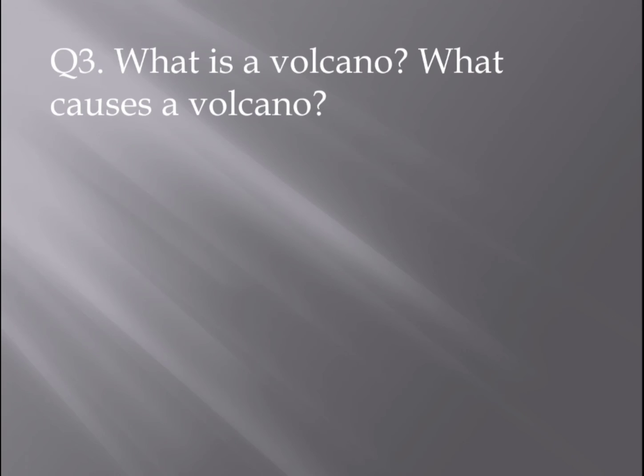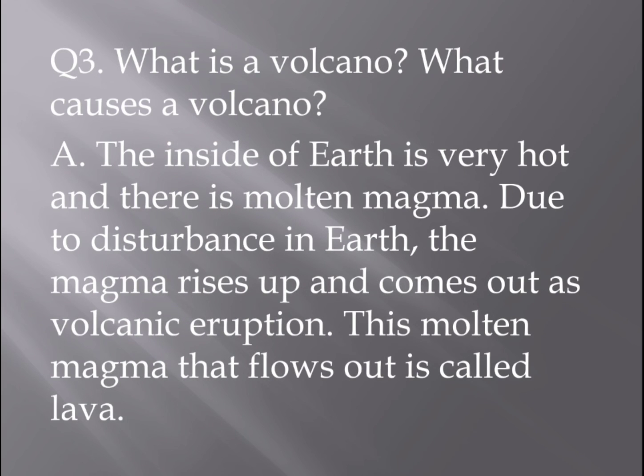Coming to your next question: what is a volcano? What causes a volcano? So the inside of the earth is very hot and it has molten magma. And what causes a volcano? The disturbances in the earth. The magma rises up and comes out as a volcanic eruption, and this molten magma flows out as lava. Okay, children.